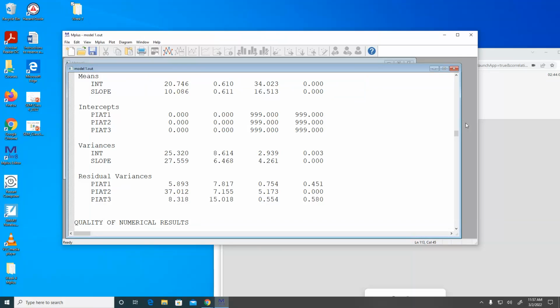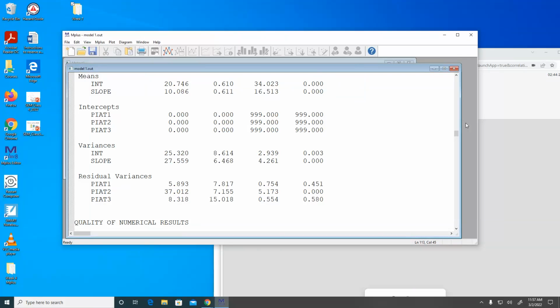This isn't a confidence interval, right? Because this has nothing to do with standard errors. It's the standard deviation of this estimate. So I would expect 68% of the sample to have starting scores between 15.75 and 25.75.